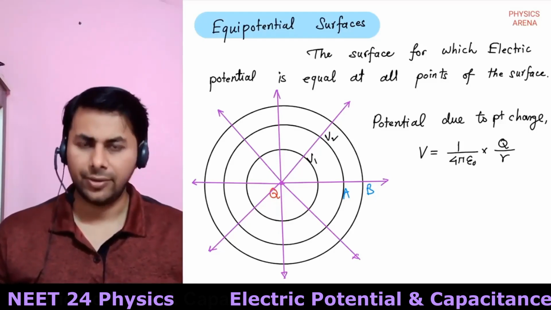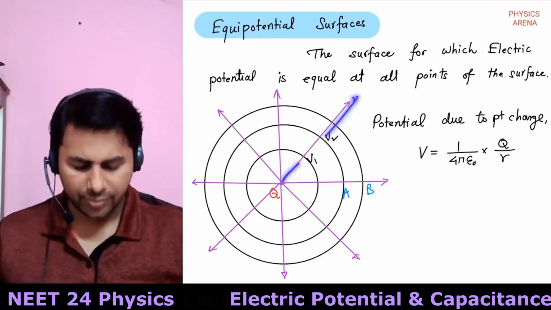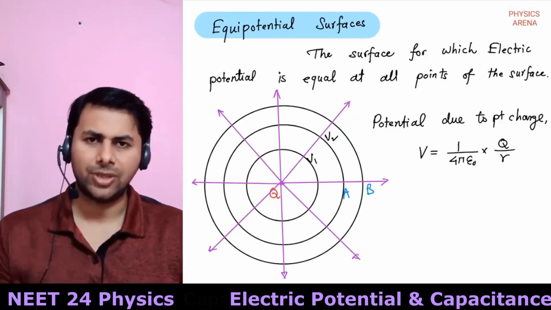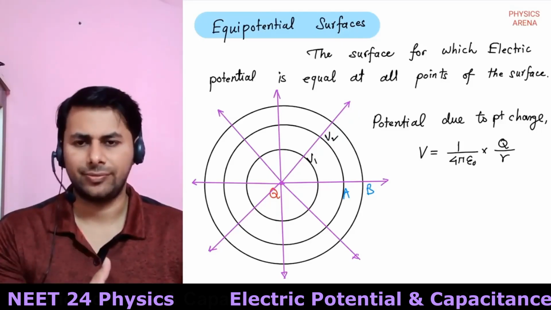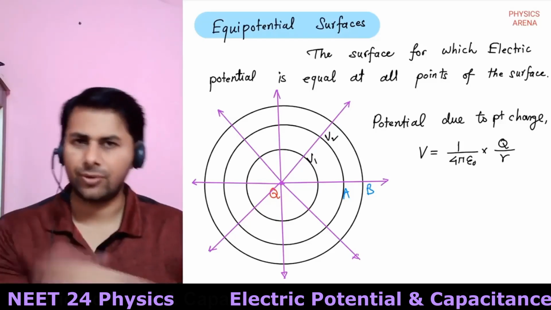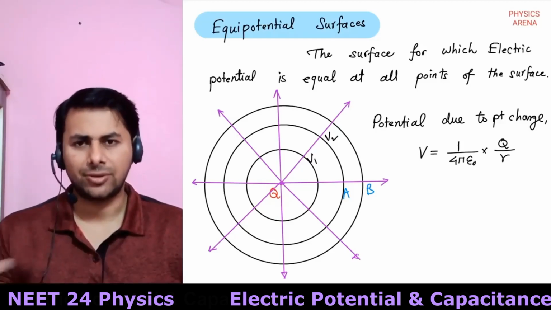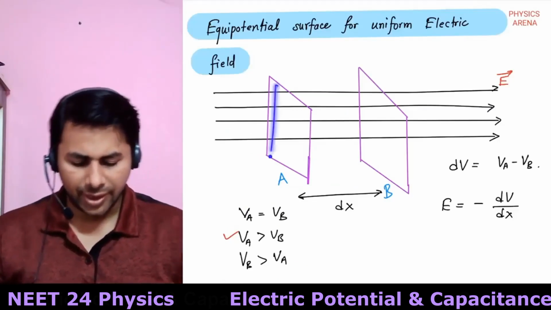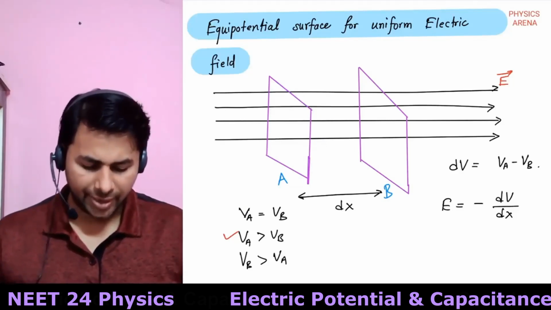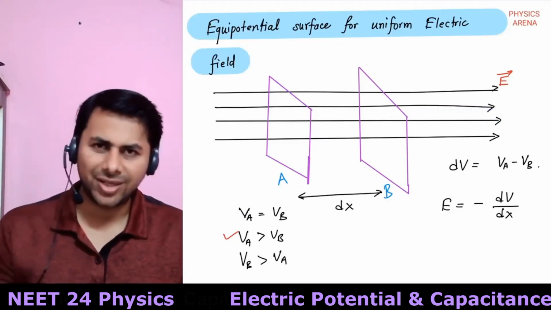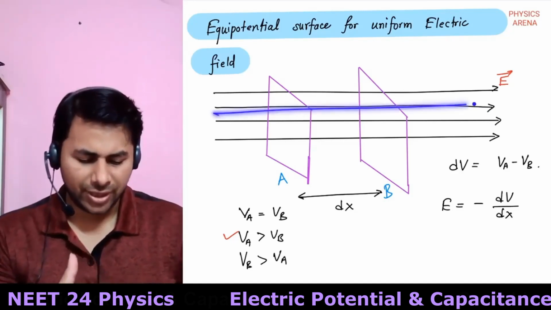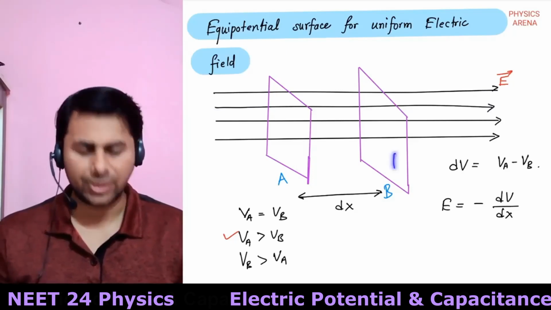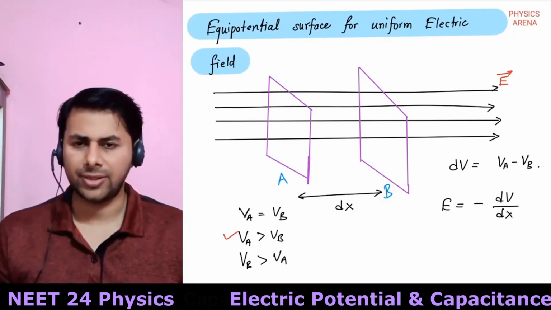V1 is greater. So the electric field is directed from the point at higher potential to the point at lower potential, or electric field lines flow from higher potential to lower potential. Here they are going in this direction. That means the potential at A is greater compared to the potential at B. Got it? Yes, no?